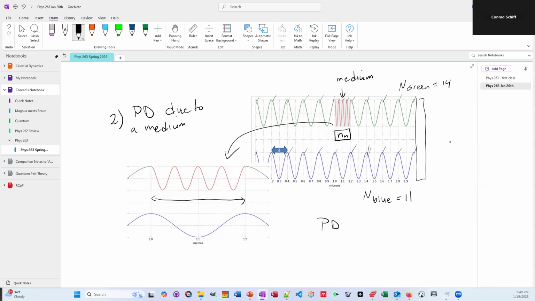And the phase difference between these two, just for fun, we'll do N blue minus N green. Again, it doesn't really matter since we're taking the absolute value. And this is 3. And so this is constructive interference.